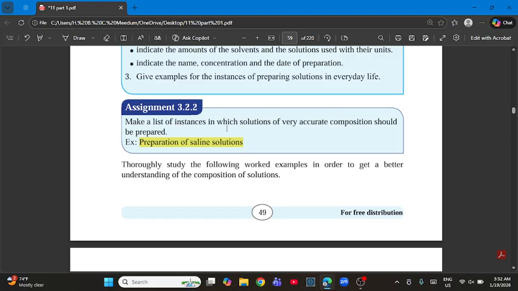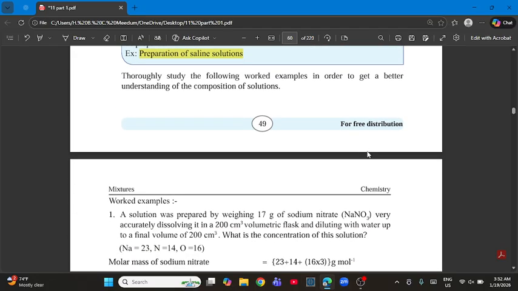This is an instance in which solutions of a very accurate composition should be prepared. And let's read further. Thoroughly study the following worked examples in order to get a better understanding of the composition of solutions.